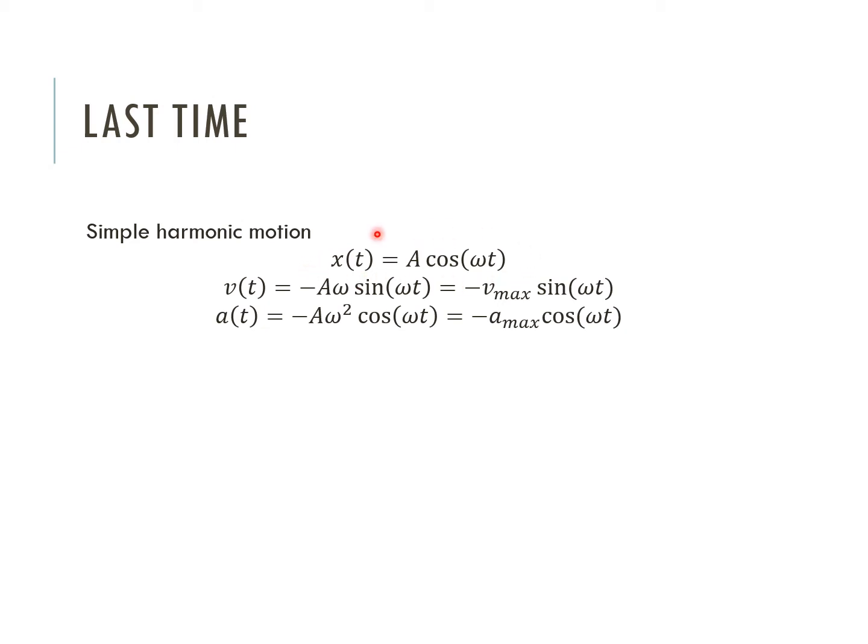Now in the worksheet you played with a couple of different situations where you had to choose sine or cosine and whether we had a positive or negative amplitude to start with. And so if this is our starting equation though, we do need to take the derivative to get the velocity or the acceleration, because with these we have a non-constant acceleration, therefore we cannot use kinematics.